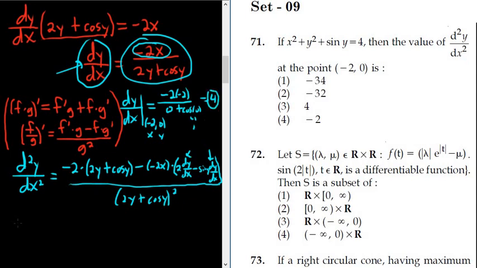So now we're going to plug everything in very, very carefully. The second derivative with respect to x at the point negative 2 comma 0. All of the x's are negative 2's and the y's are 0's. So this is negative 2 times 0 plus cosine of 0, which is 1.